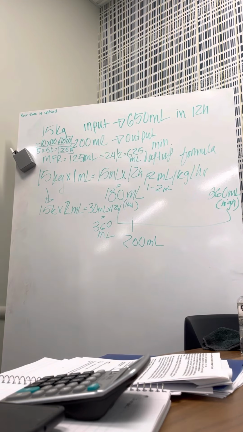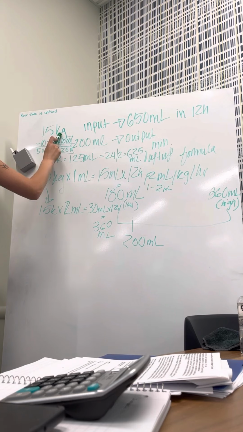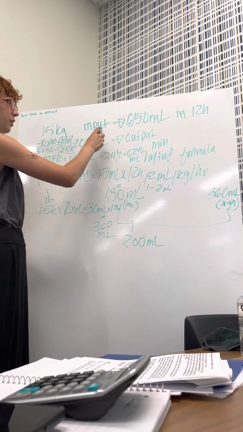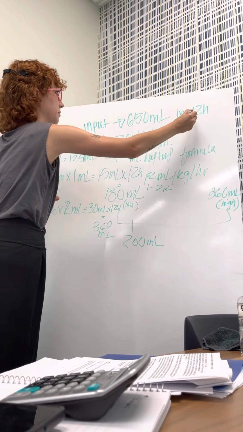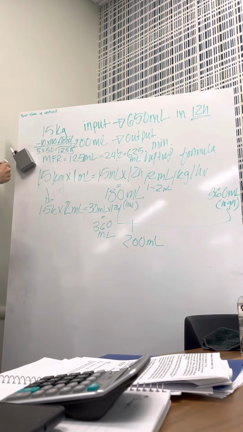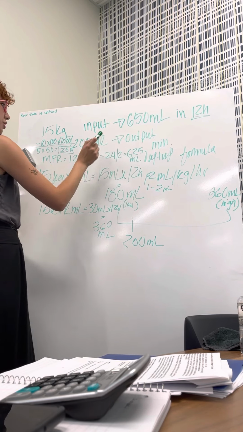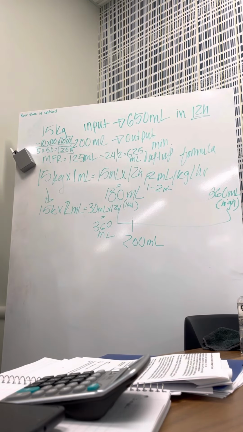Basically, we know our patient weighs 15 kilograms and he had an input of 650 milliliters in 12 hours. The 12 hours part is important to note. And we know his output was 200 milliliters, right? So the first thing that we did was we calculated his maximum fluid requirement.